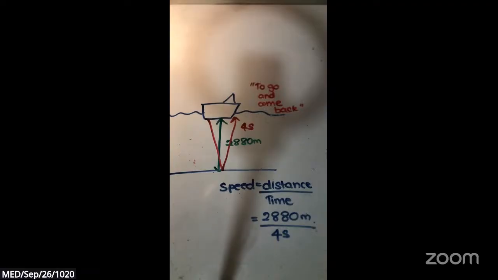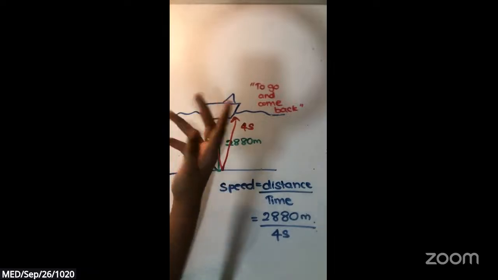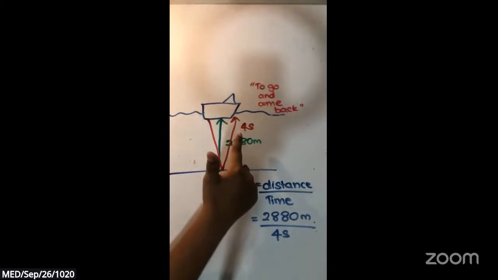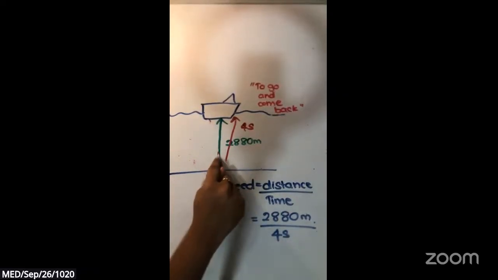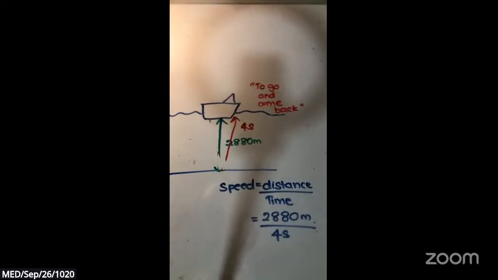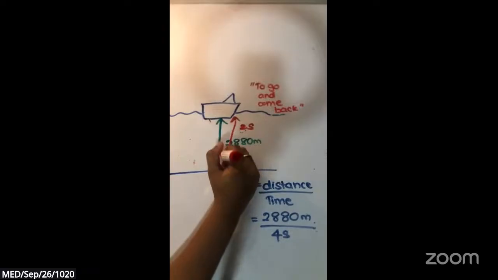Why this is wrong is now you must understand that to go and come back is 4 seconds. That means if you are taking 2,880 meters, then you have to take only to go. That means it's not 4 seconds. What is it then? It's going to be 2 seconds just to go.